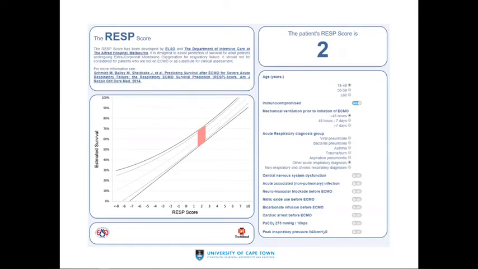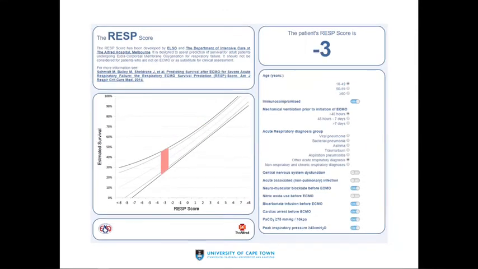We took him to theatre for intubation and expedited placement of ECMO cannulas. So he started out with an expected survival of around 65% if we popped him onto ECMO.